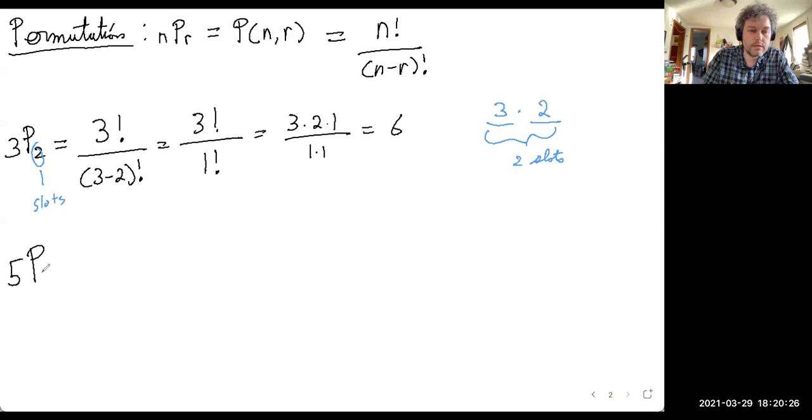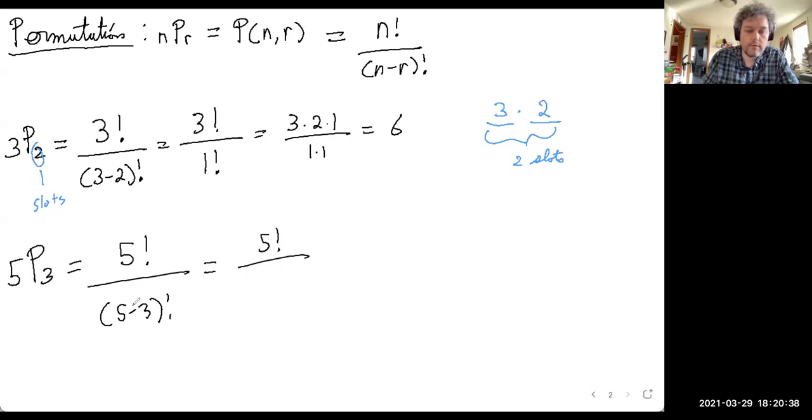5 permutation 3. Let's try this. By definition, that's 5 factorial over 5 minus 3 factorial. So that's 5 factorial over 5 minus 3, which is 2 factorial. So I have 5 times 4 times 3 times 2 times 1 over 2 times 1. And you can see that the 2 times 1 just cancels.